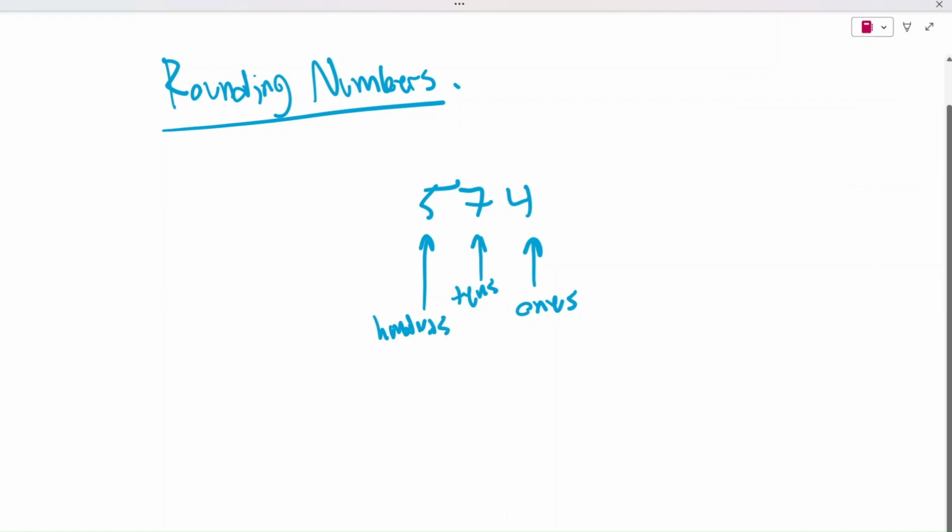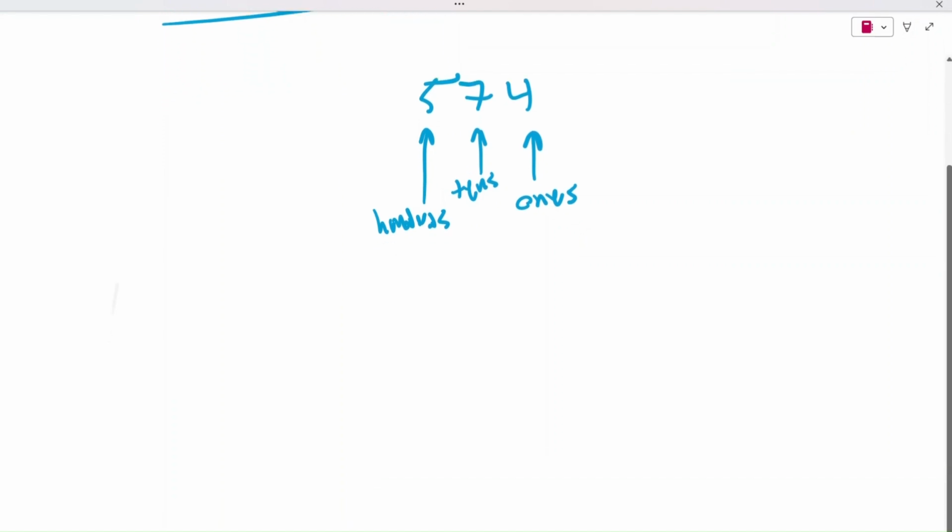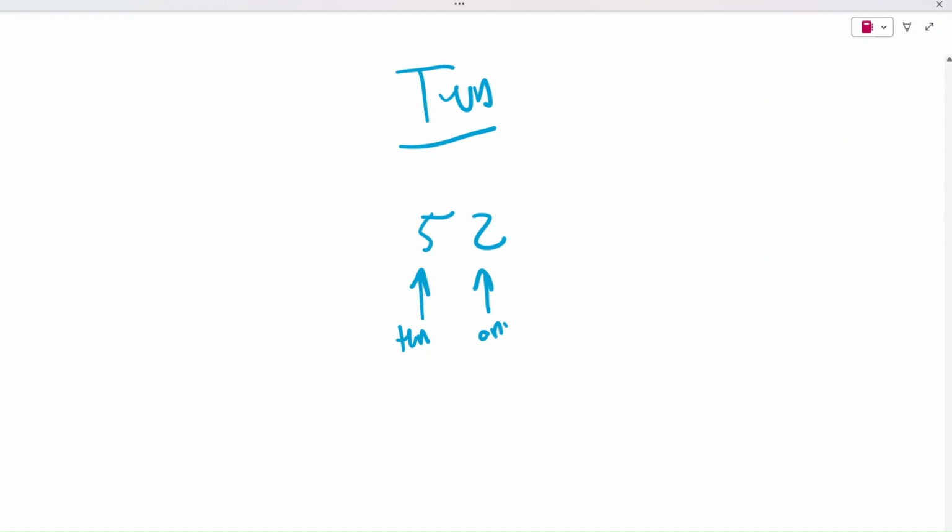Say, for example, we want to round to the nearest 10 and say we have 52. We know this is the 10 location, and this is the ones location.